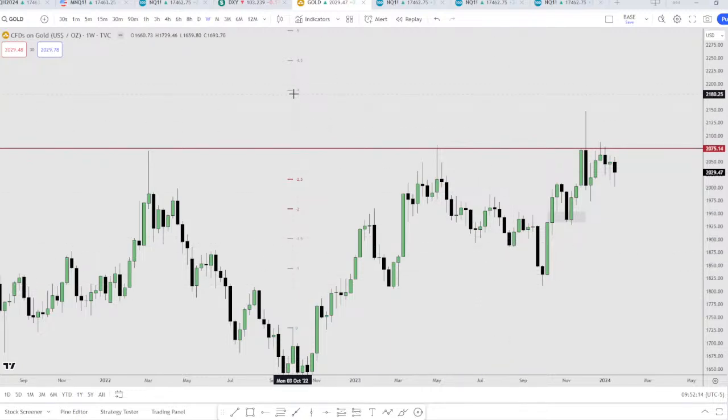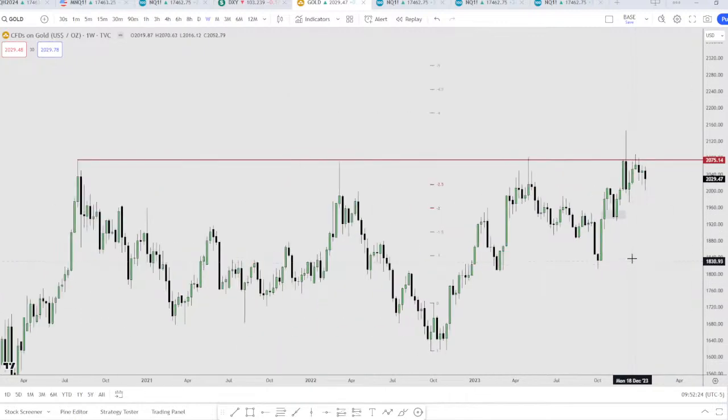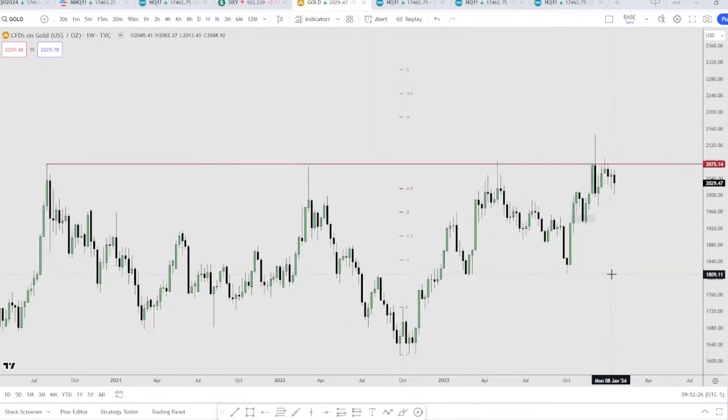Now, I still do think that this is the next draw on liquidity because we have managed to close above 2.5. So what I'm thinking is that if it wants to rally, this would be the price point of reversals and targets.